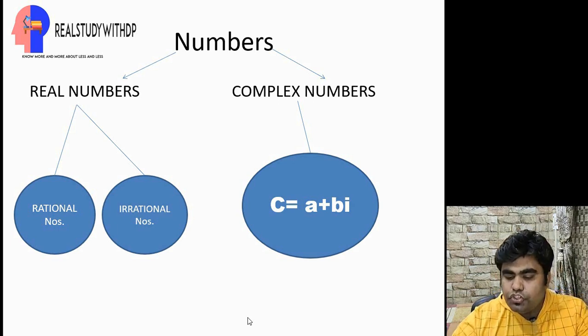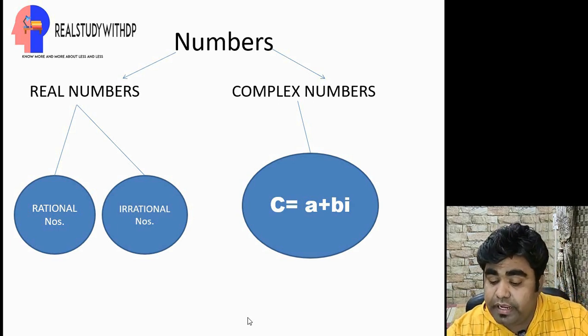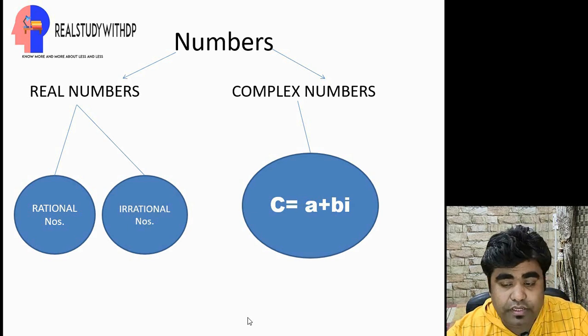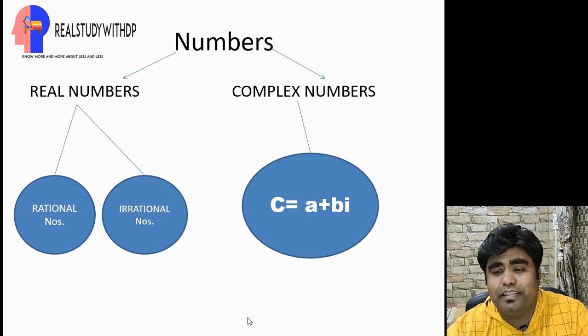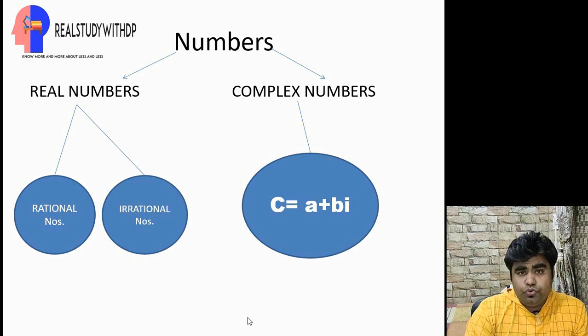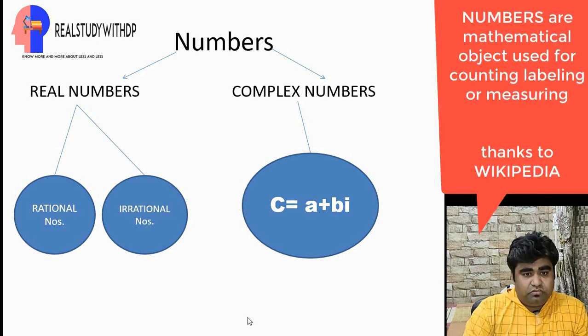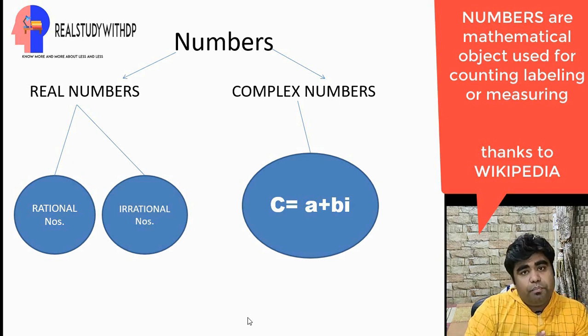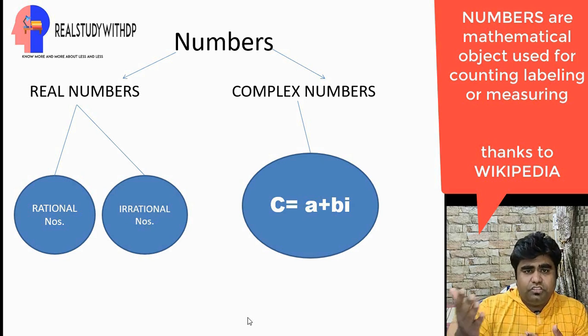Numbers, whenever we say what numbers are, are basically mathematical objects which are used to measure something, to count something, and to label something. As far as the classification of numbers is concerned, we have been taught since nursery, from the beginning of kindergarten.